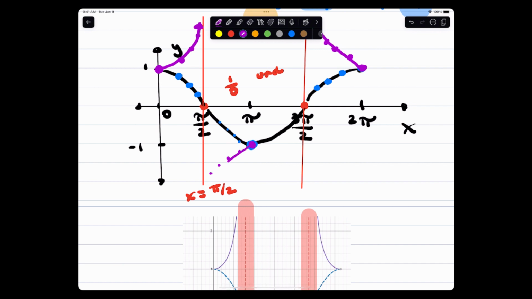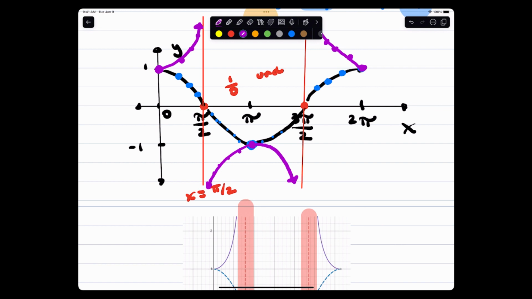And as you get closer and closer to the x-intercept in blue here, you get closer and closer to that vertical asymptote at x is pi over 2. And I'll draw a little bit nicer picture. Same thing on the other side. All these points are larger.